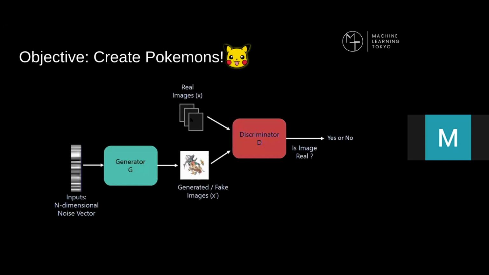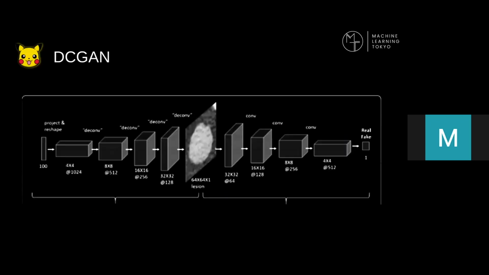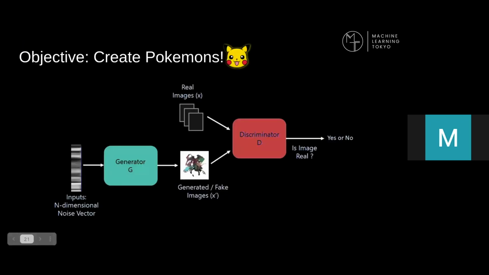As Pierre mentioned earlier, this is the entire gist of GANs. Here, instead of using fully connected networks, we are going to use convolutional neural networks. Since we are going to be implementing it, it makes more sense to describe this.